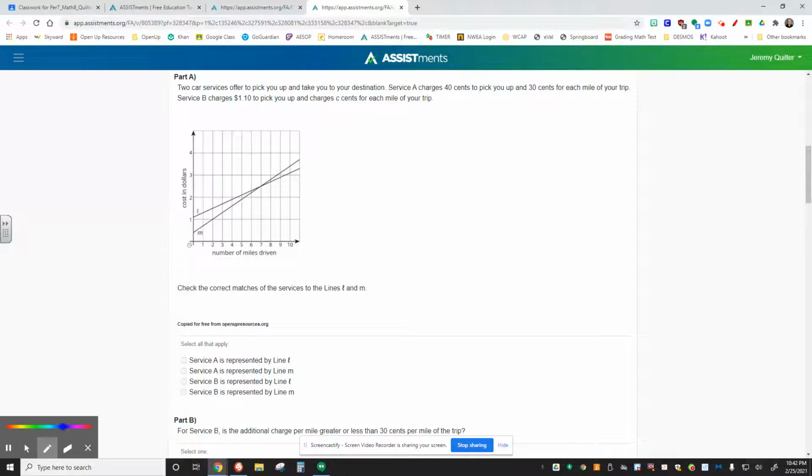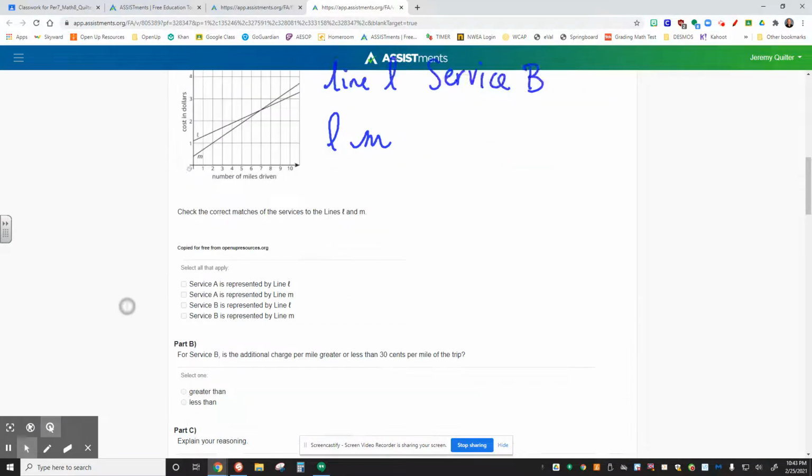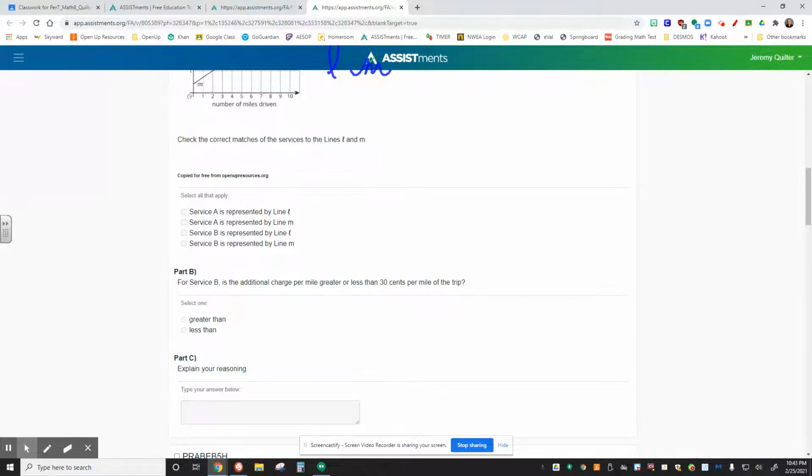So that one right there, line L, should be representing service B, starting at $1.10 and then charging C cents for each mile. So it's kind of a little ambiguous here. And then line M obviously would be service A. You're welcome for that.